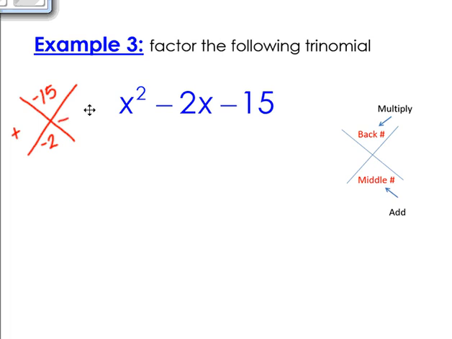So you're going to think about everything that multiplies to give you negative 15 and see which one of those things will also add to give me negative 2. And the correct answer to that would be a positive 3 and a negative 5, because when I multiply that together I get negative 15, when I add that together I get negative 2, and you can check on your calculator. That would make this answer x plus 3, x minus 5, and it doesn't matter which order you write these in.